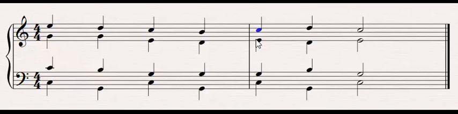It's going to sound really bad if you don't. So listen to this if we have it go down to the G, say. Just doesn't sound right? So having it go back up to the C makes it sound like we're fulfilling that tendency that leading tone has.